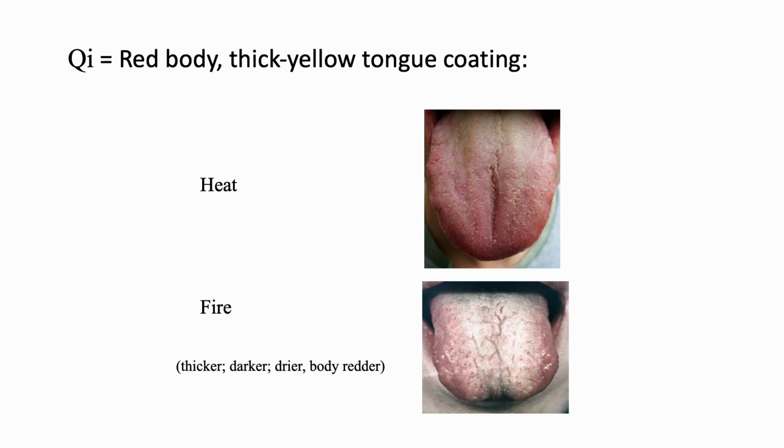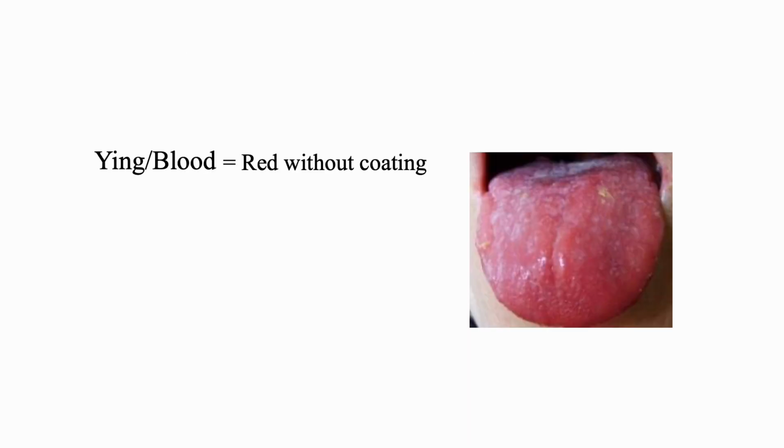Within the theory of the 4 levels, the pattern of stomach heat corresponds to heat, whereas that of dry heat in the stomach and intestines corresponds to fire. The tongue corresponding to heat is red with a yellow coating, whereas that corresponding to fire is darker red and with a dry, dark yellow, brown, or even black coating.